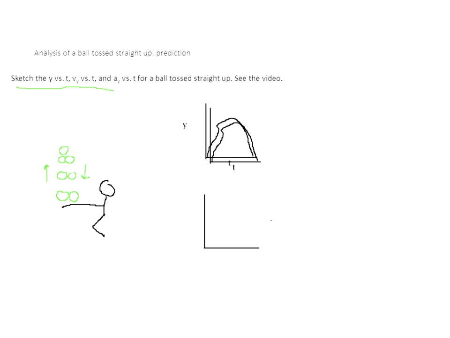Okay. And then the next one, v sub y versus t. Here we go. Something kind of like that. So it's kind of like the flip flop of the position parabola, because it has the most speed when it is first tossed and then stops at the top and then comes back down.